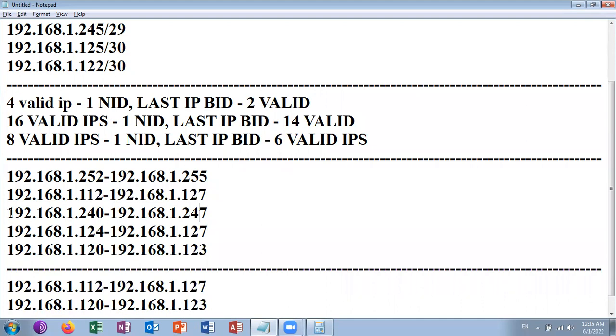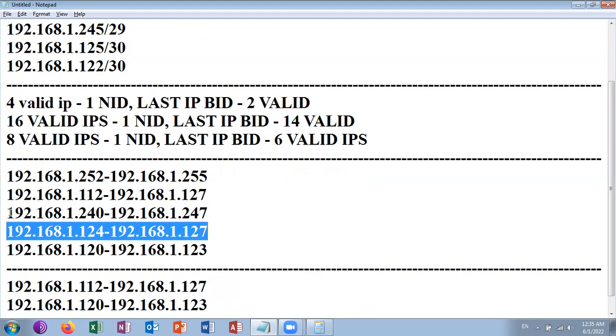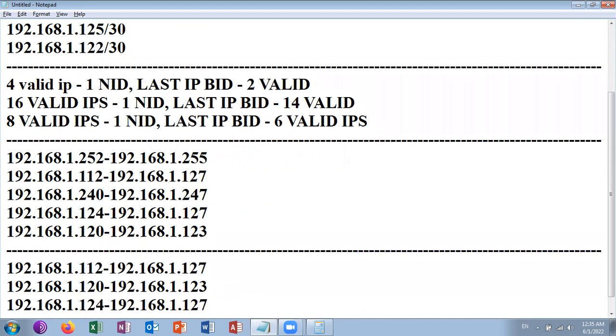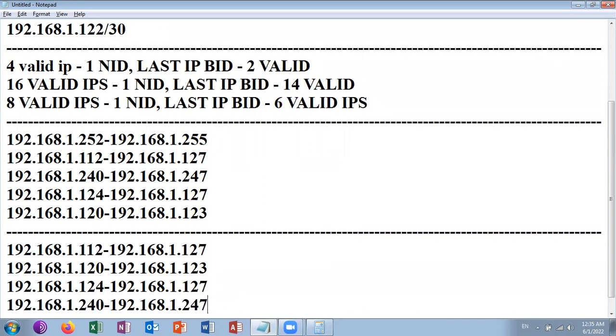Then we have 124. Then we have 240. Last is 252.